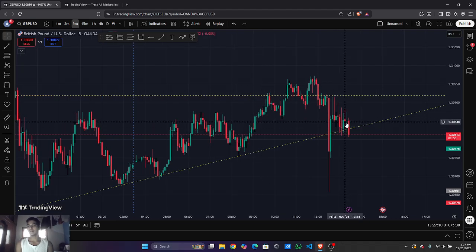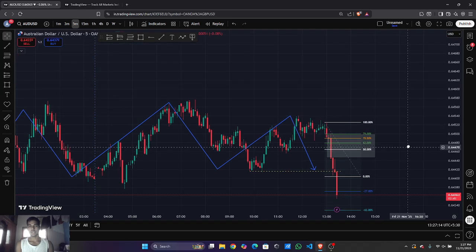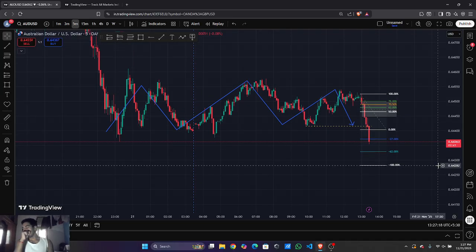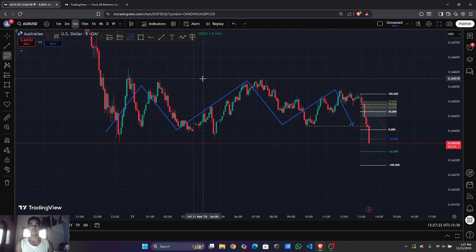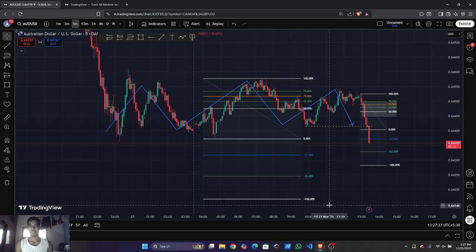We won't trade, but okay, AUD is moving without retracement. I expect it to move this much over these lows. It is already moving.